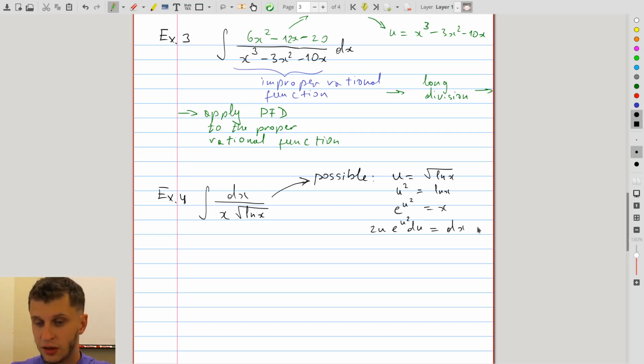And this is what you would use for dx, and using this line to express x through e to the u squared and to express this through u as we have in the first line here, you would actually integrate this expression successfully. A better approach, though, would be to use a simple u sub.